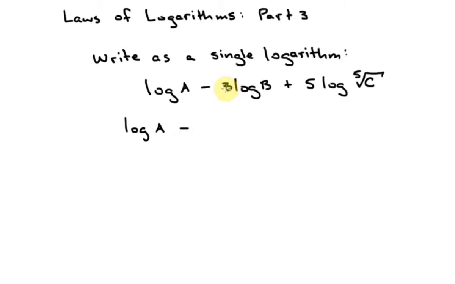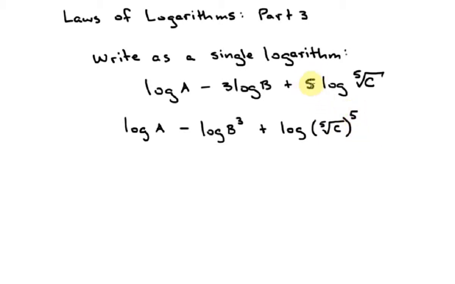Let's bring in these outside numbers, like this 3. Let's bring it inside. So this is actually b cubed. And we're going to do the same thing with that 5. So I'm going to bring that inside as well. Now, what that would look like is I would have the 5th root of c, and I'd be raising that to the 5th, right?